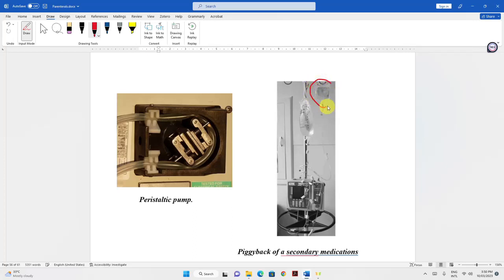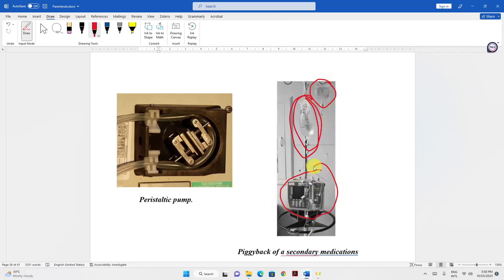This is the piggyback secondary medication. You will see here the piggyback. You see here the main bag. This is the main one, and this is the piggyback. So the piggyback relies on the main set, the main infusion. You will see that it is higher up compared to the main infusion bag.